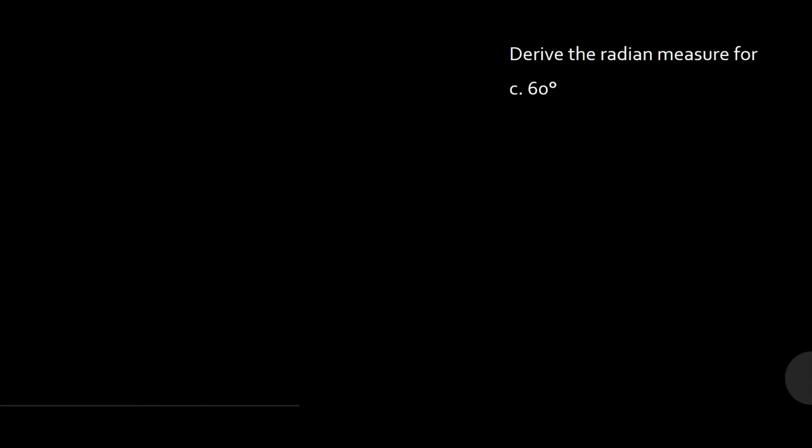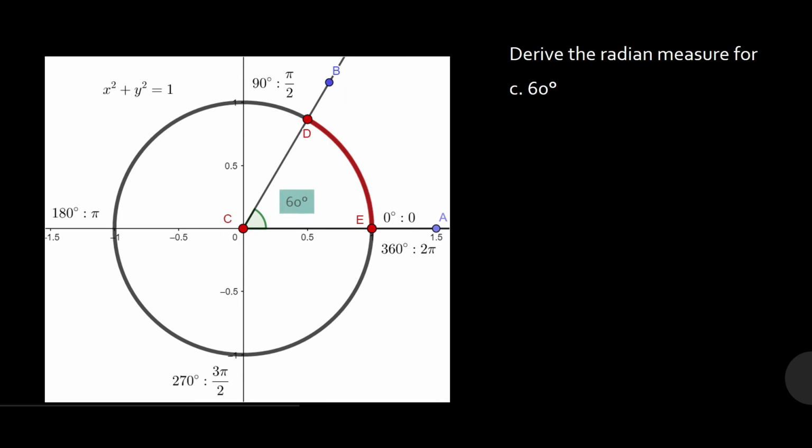How about 60 degrees? This is 60 degrees. The equivalent radian measure for this angle is the length of that arc with endpoints D and E. So again, let us set up our equation. The ratio of T, the length of that arc, we don't know what it is, to pi. Pi is the length of half of the circumference of your unit circle, is equal to the ratio of 60 degrees to 180 degrees.